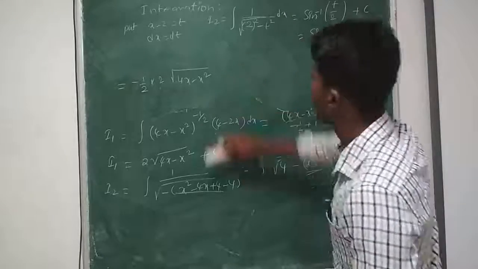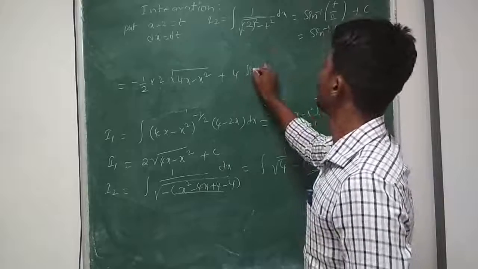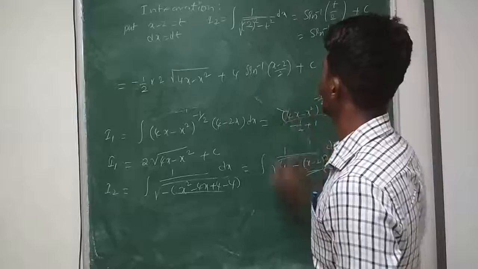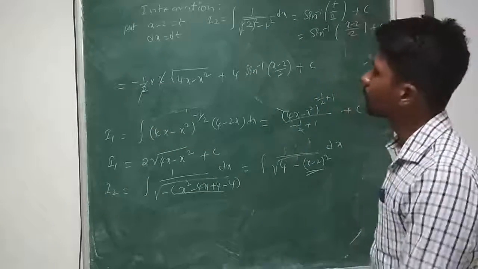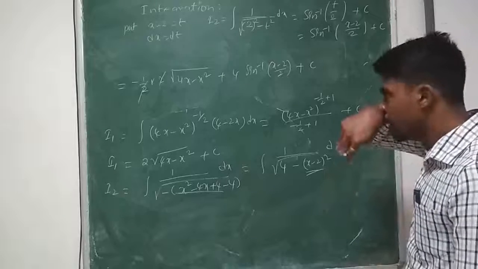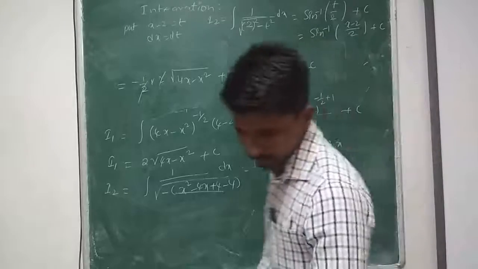And this one is plus 4 into I2, sine inverse of (x minus 2) by 2 plus a constant c. The 2 and 2 get cancelled. Our final answer is minus root of 4x minus x square plus 4 into sine inverse of (x minus 2) by 2 plus a constant c.